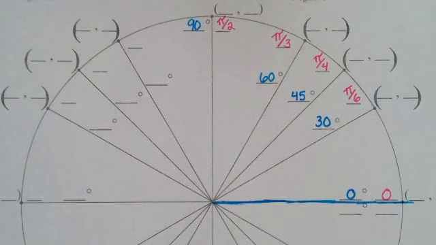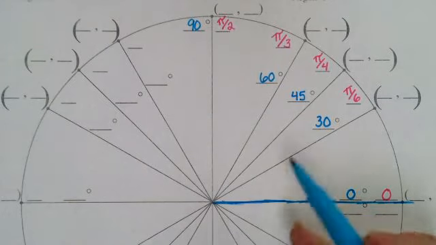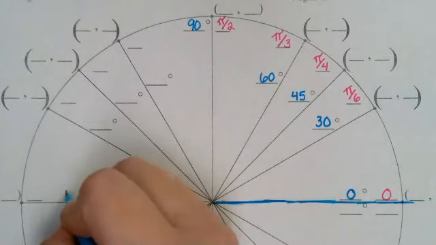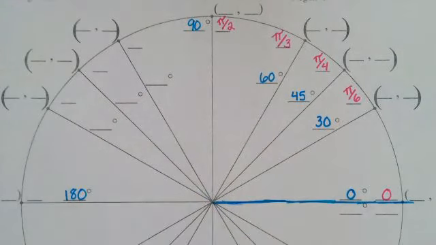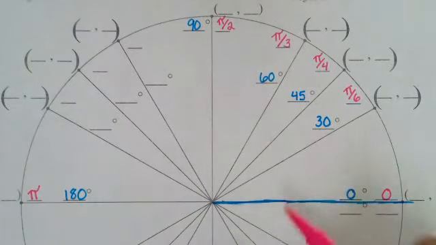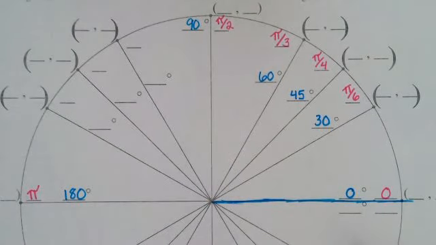Remember how we had said in section 4.1 when we first started out, 180 degrees is half of a circle. So if I take this all the way out and say 180 degrees is half of a circle, we did a little activity where we took that string and we wrapped it around our circle, and we saw that there were pi radians in half of a circle.